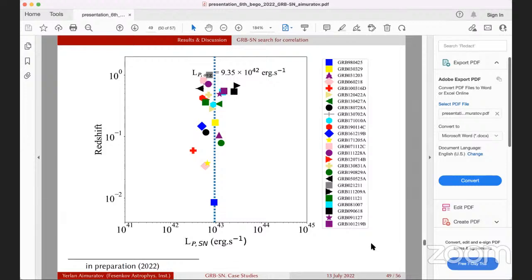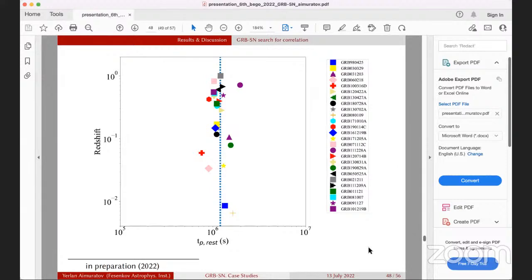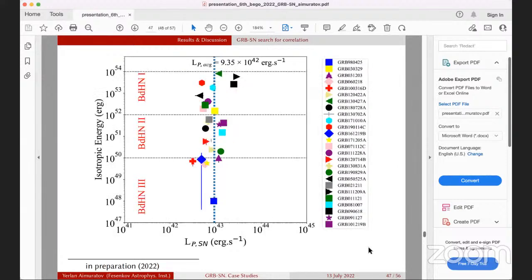The big issue, going back to the BDHN1, BDHN2, BDHN3, is how can it be that there is such an enormous difference in energy in the gamma ray burst?